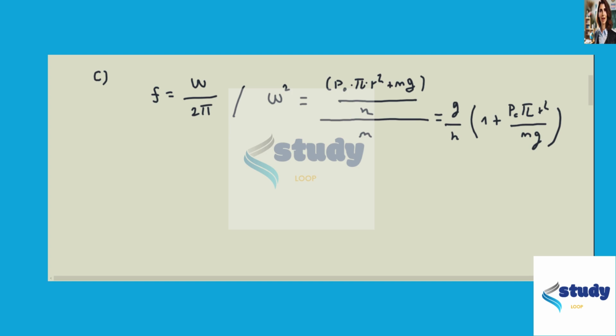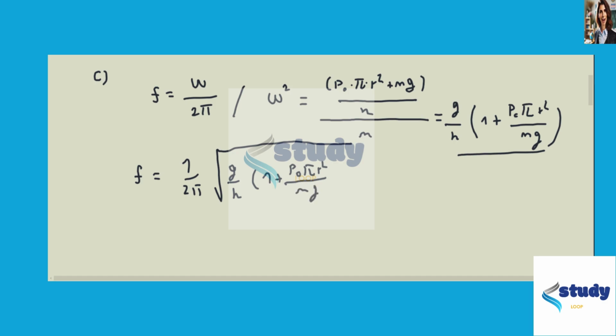Since this is the square of the angular velocity omega, the frequency will be 1 over 2 pi times the square root of the whole term, so g over h times 1 plus P0 pi r squared over mg.